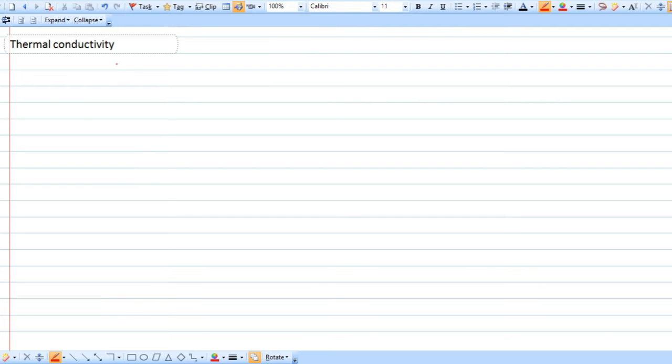We have seen that the rate of heat transfer Q is equal to minus K A delta T, that is the temperature difference across the faces of the wall, divided by L, that is the thickness of the wall. For example, this is a wall.